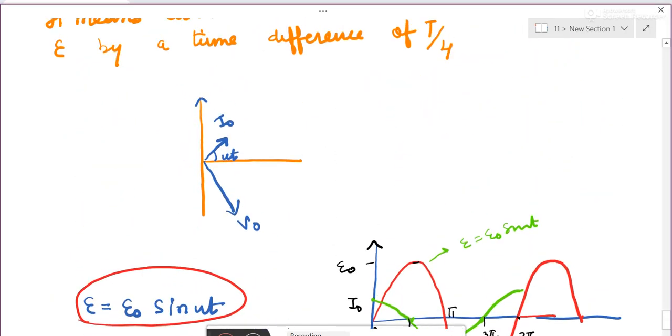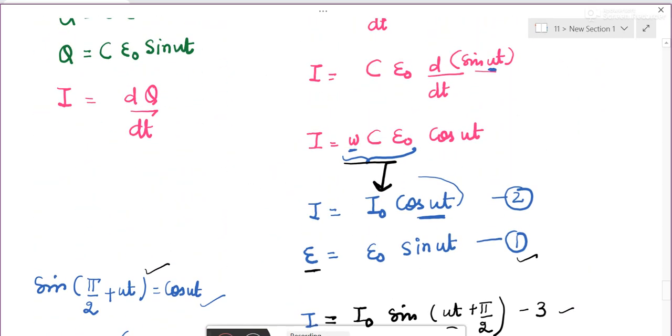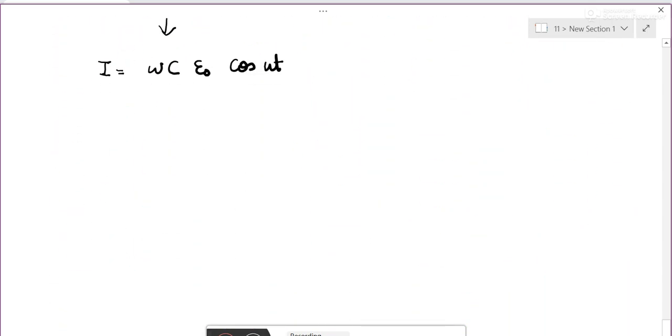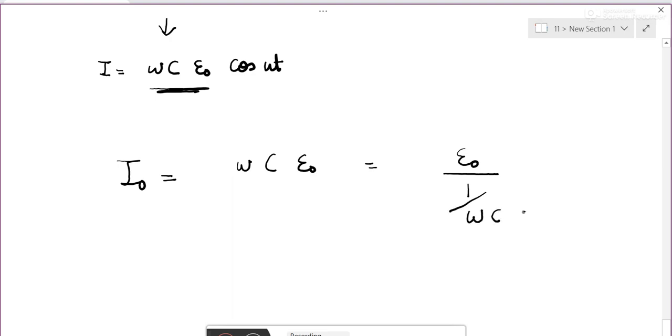So we saw that this was converted into I naught. So I naught is omega C E naught. So this can be written as E naught by 1 by omega C, because omega C will then go down. So we can write it like this.